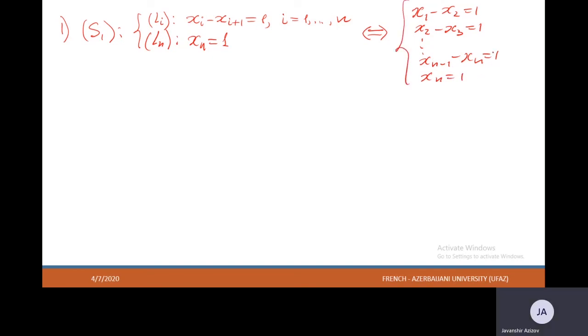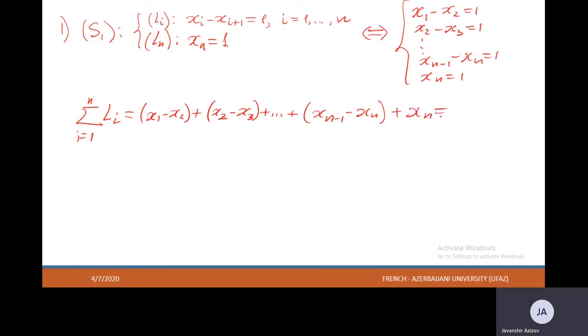If we calculate the sum of all lines, it will be this. The sum from 1 to n of Li is equal to x1 minus x2 plus x2 minus x3 plus xn minus 1 minus xn plus xn is equal to n.